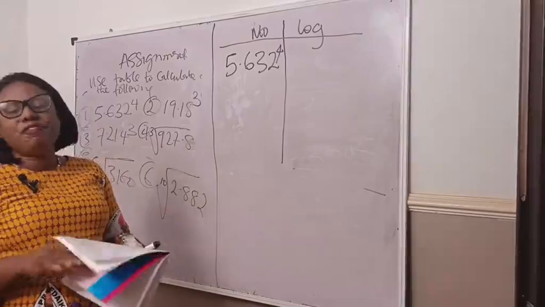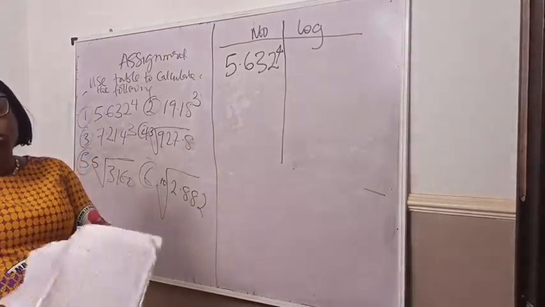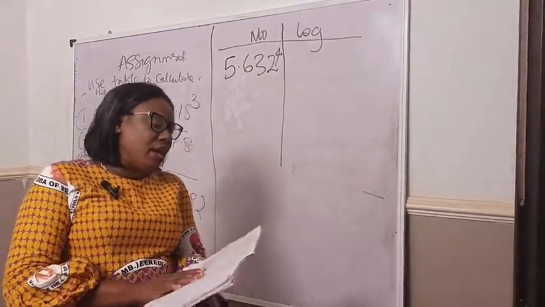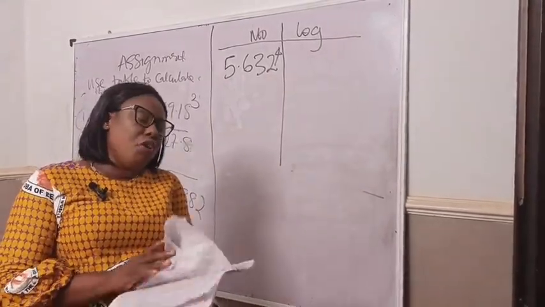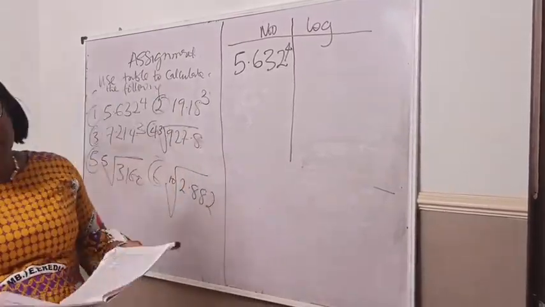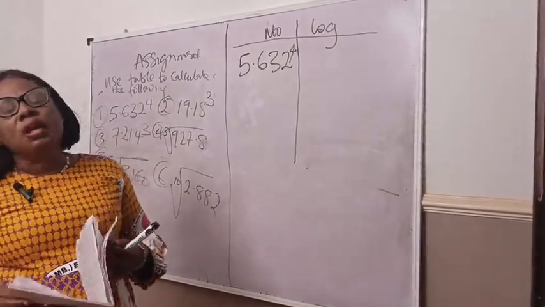Then when using four-figure table, always ensure that you look at the heading. You check if you're on logarithm or anti-logarithm before you work. No matter how tense the situation is, you must always check it properly.